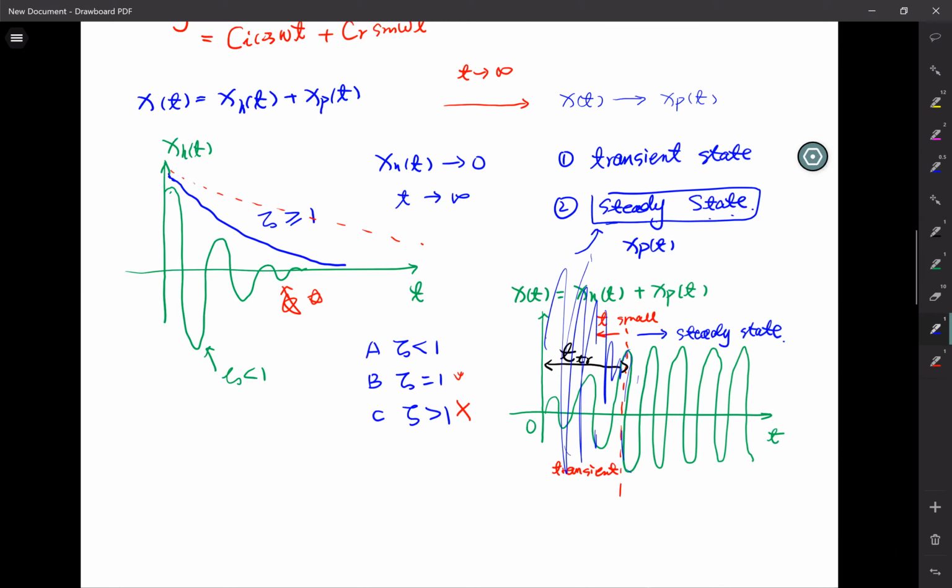So if you pick an underdamped condition, you might have a very crazy transient state, but also a very short transient state. So the first one gives you a short TTR, but a crazy transient.